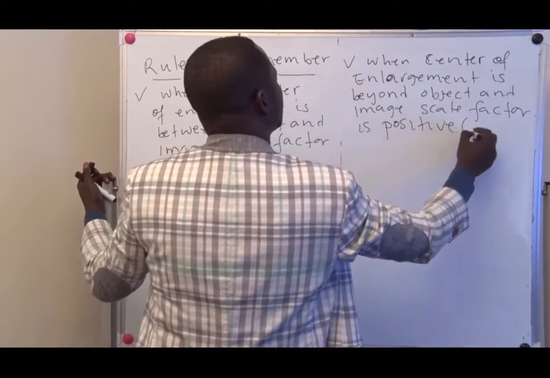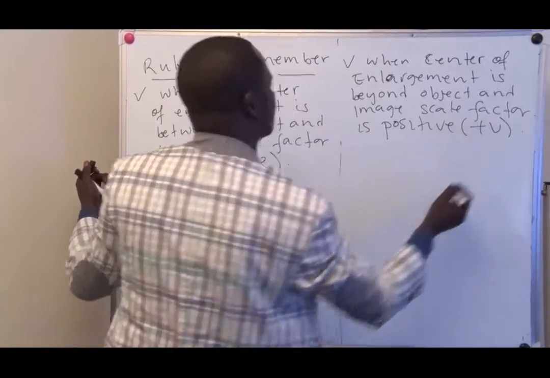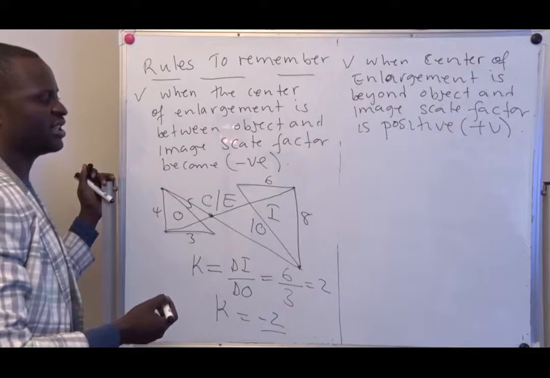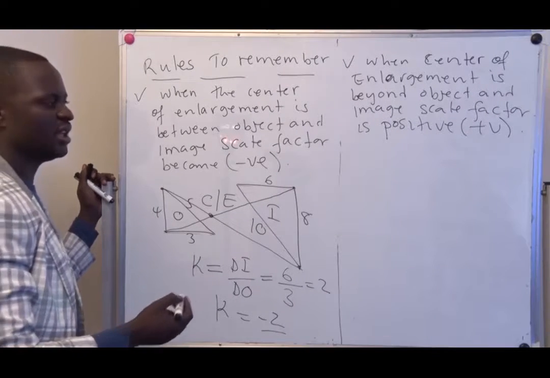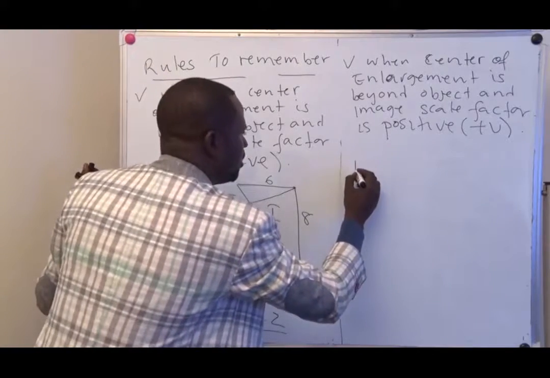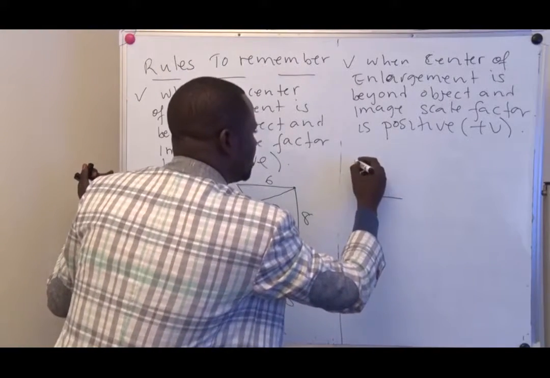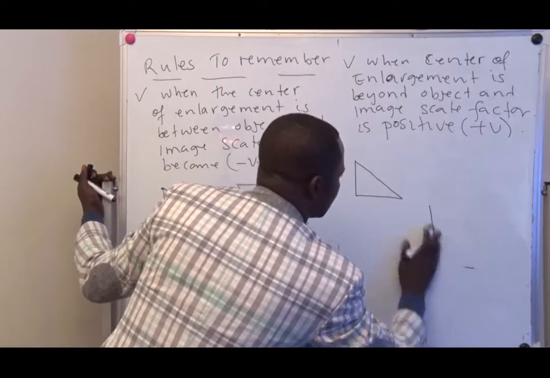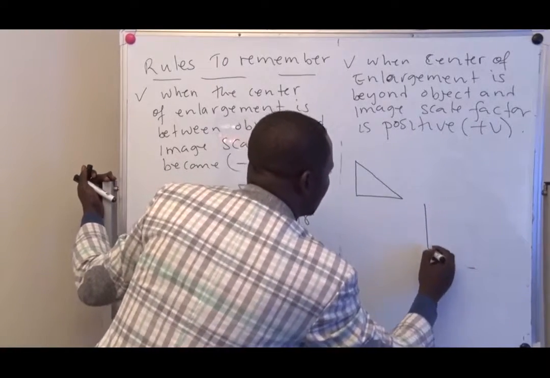Scale factor is positive. So the scale factor becomes positive when the center is beyond the object and the image. A good example is this one. You may have this as the object, and you may have that as our image.